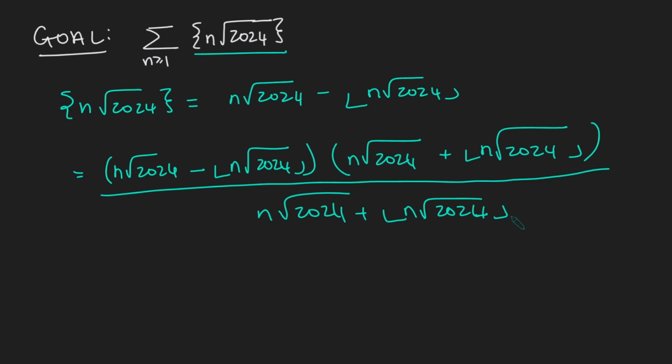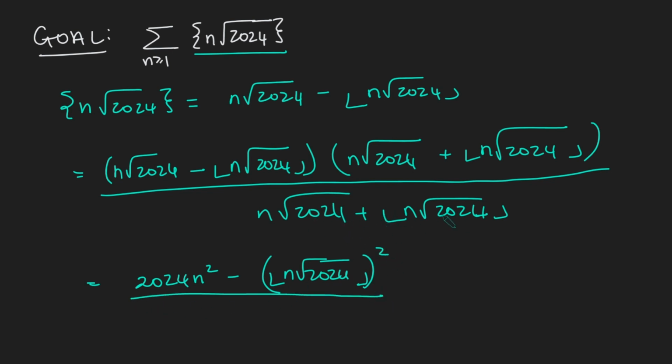Okay, cool. Why have I done this? Well, basically because the numerator then just becomes the difference of two squares. So this will be 2024 n squared minus the floor of n root 2024 all squared, like that. And then our denominator is just this guy here.